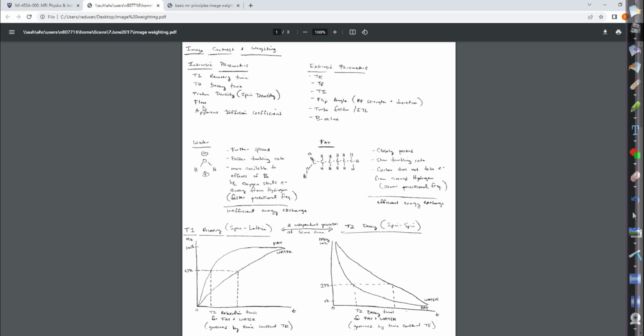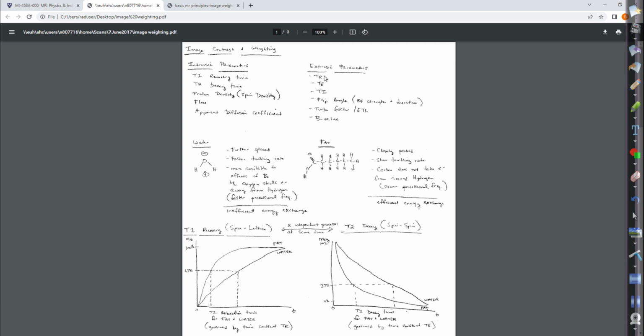Flow is something inherent, and that's dealing with CSF and vascular flow. And then our apparent diffusion coefficient, ADC, water molecules, or just water diffuses through cells at specific rates. But we do have extrinsic parameters on our MR console that we can change to give our desired contrast.